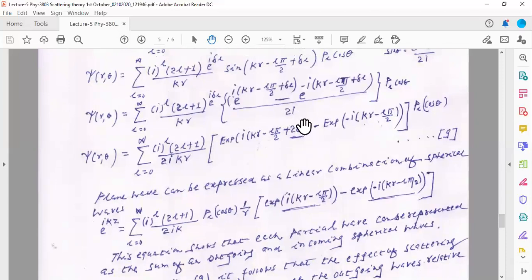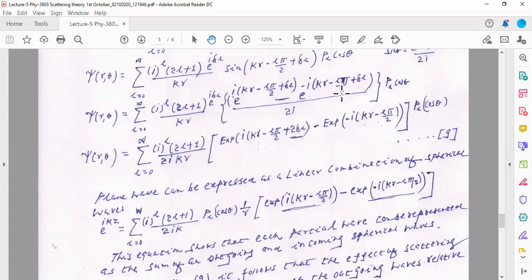Okay, so let us write down the factor. This is 2i kr, and you see e to the power of i delta is a multiplier factor here, and the 2i is kept here. Now e to the power of i delta, I multiply with the first term as well as with the second term.